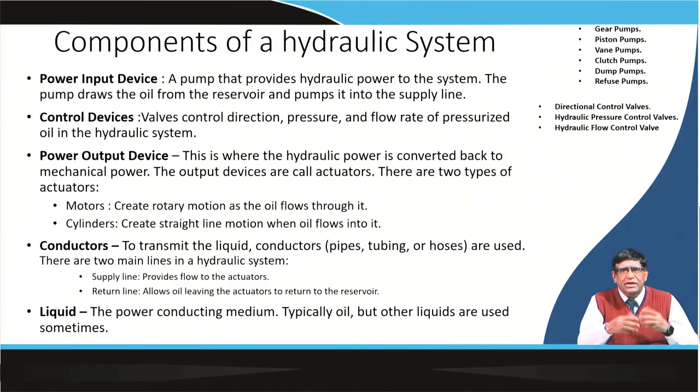You might have heard the word hose pipe. Now, the fluid will be under high pressure, so if you use an ordinary pipe, it will burst, and if the oil bursts, it will create an unsafe condition because it will become slippery. So, for that reason, you will have to have a proper design of the pipe through which this fluid will go.